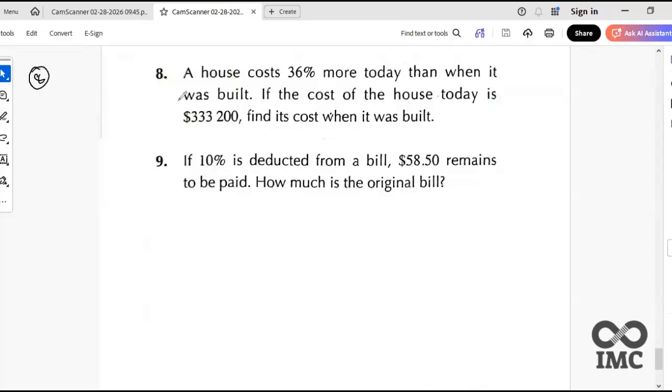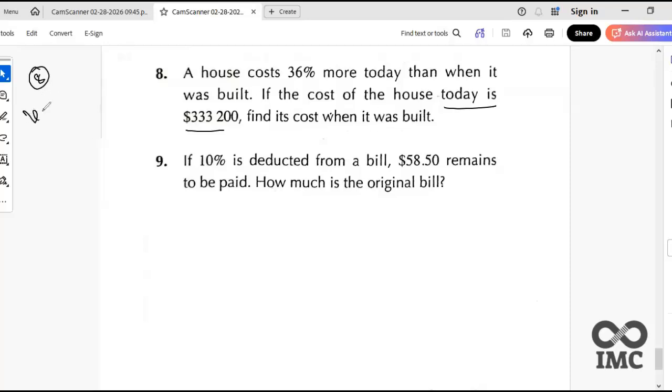Now number 8. Number 8 says a house costs 36% more today than when it was built. So when it was built, the price was X, okay? Let the original cost be X. If the cost of the house today is $3,33,200, find its cost when it was built.